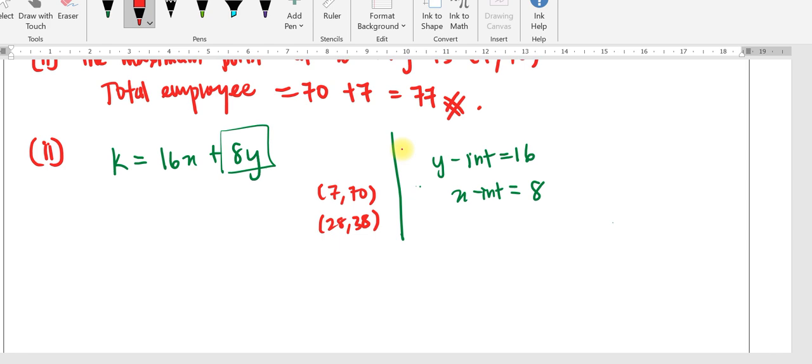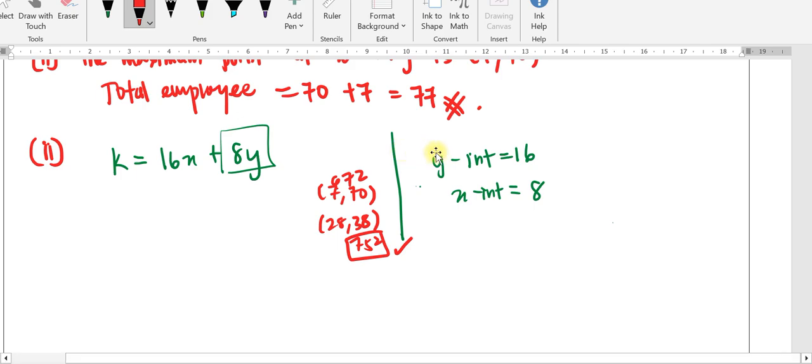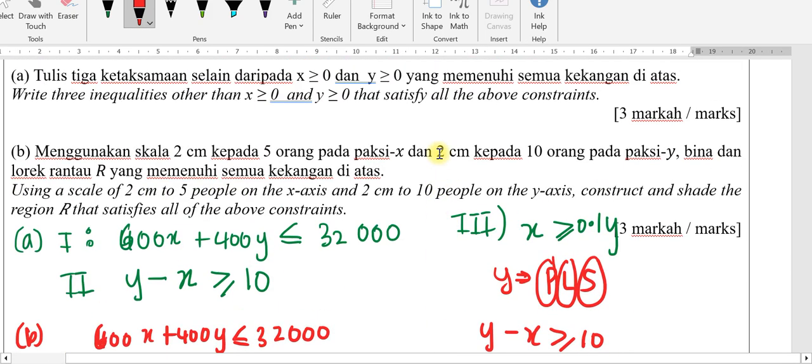This one I'm getting 672. Another one, 28, 38, 28 multi, and then I ganti 38. This one 752. So this should be more. Okay, so 752 should be the answer.